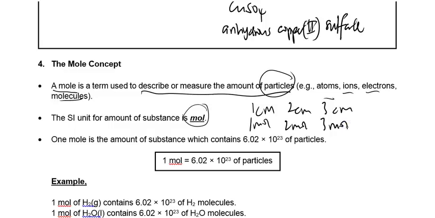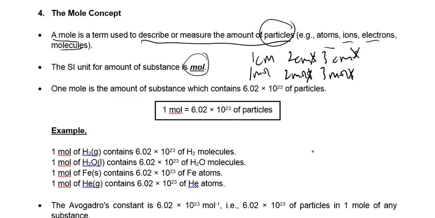Take note that we do not write mols, just as we do not write cms. It is not 2 cms, it is just 2 cm and 3 cm. So same for mole, it is simply mol. This is a unit, and you do not add s to a unit.